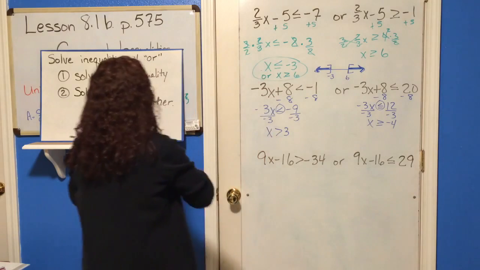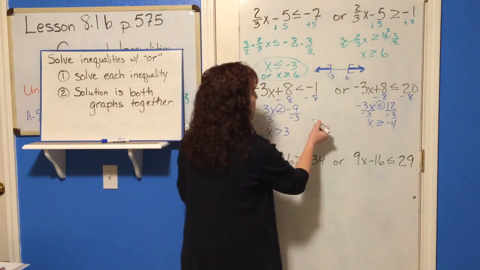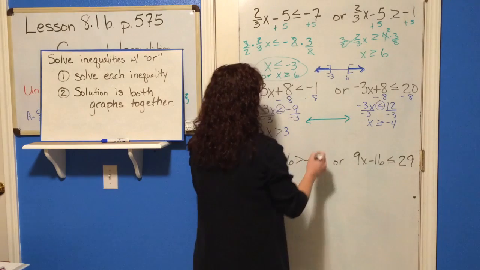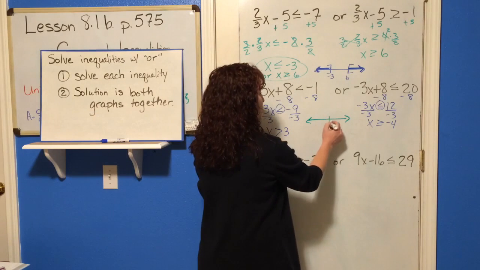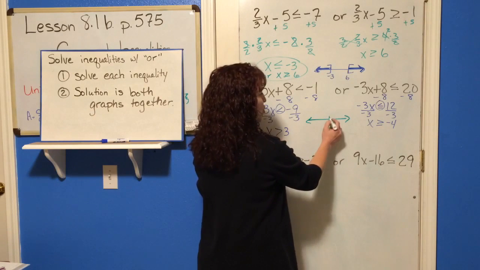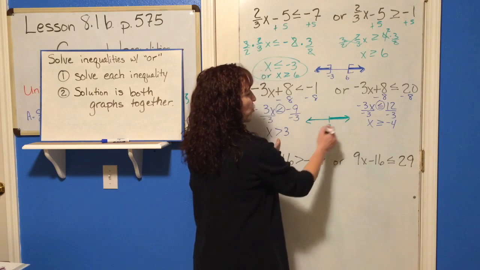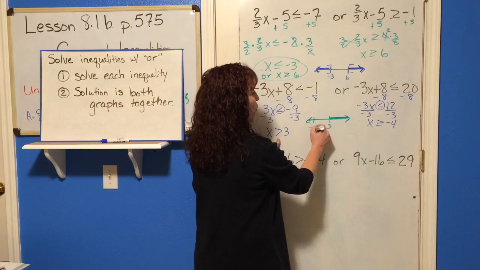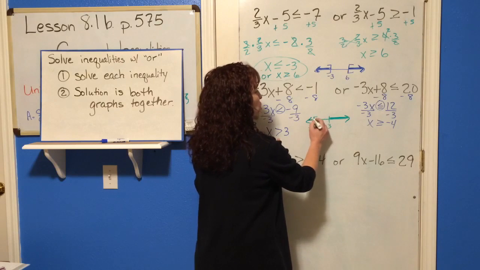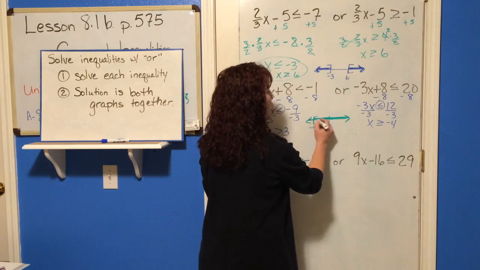So when we draw a graph, we've got greater than 3, so here's a 3, and it's to the right of this, and it's also greater than negative 4. So this is also going to go to the right.